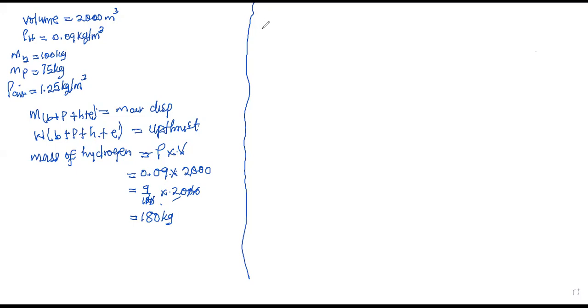So it means that 100 plus 75 plus 180 plus the mass of equipment must be equal to the upthrust, the mass of air displaced, which will also be the density of air 1.25 times the volume of air that will be displaced, which will be equal to the volume of the balloon fabric.